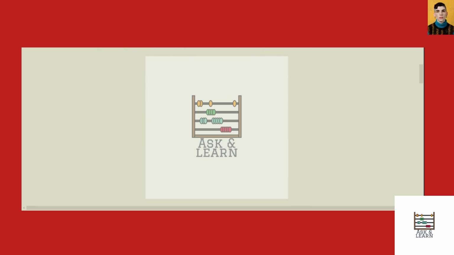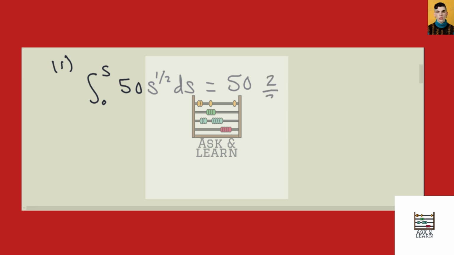Looking at part 1, let's take the integral. Again, let me write it out. You have the integral from 0 to s, and the force here is 50 s to the 1/2 ds. Taking the integral, we have 50 on the outside times 2/3 s to the 3/2.